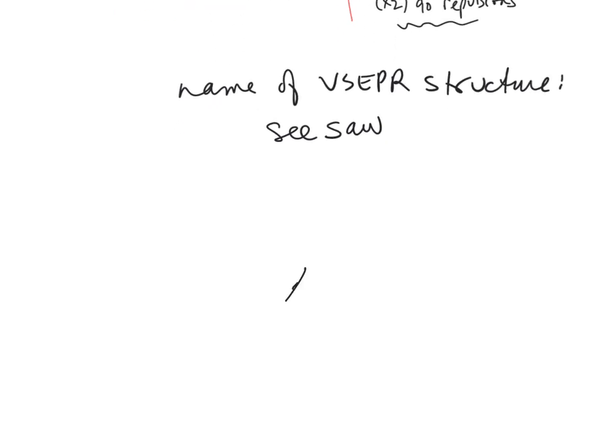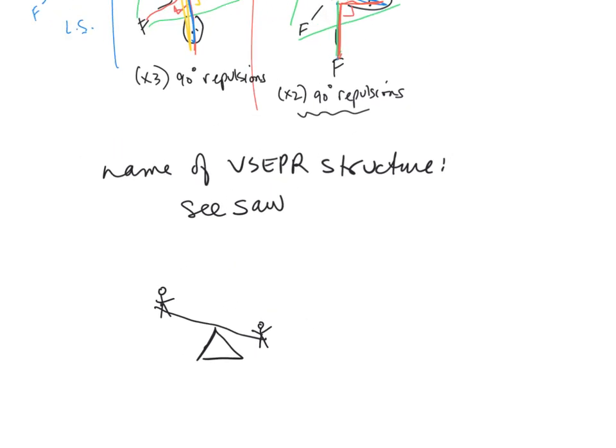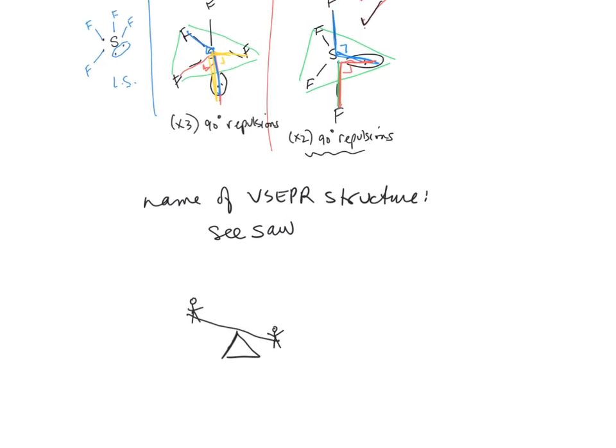And it's got this fulcrum here. And then this long plank. And the kids sit on it and play, right? And they can go up and down. So this molecule is similar to that in the sense that, and I have to look at this for a second. Okay, let me draw it again.